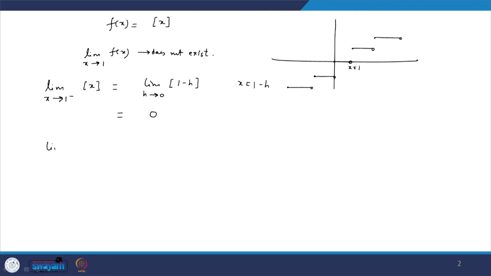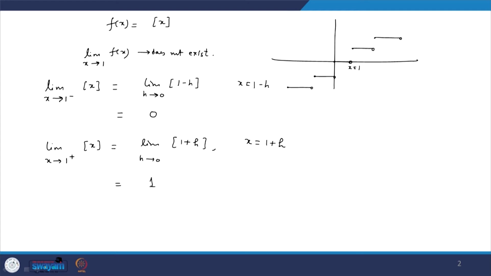Now, when you take the limit x tending to 1 plus of box x, that is the right hand limit, this is the limit as h tends to 0 of box of 1 plus h. Here x is 1 plus h, which is bigger than 1, and the box will be 1 only.